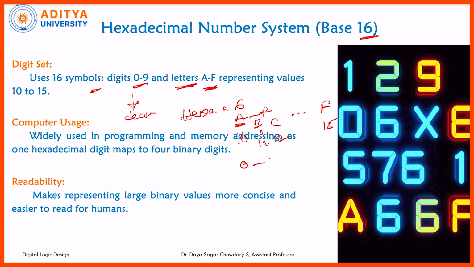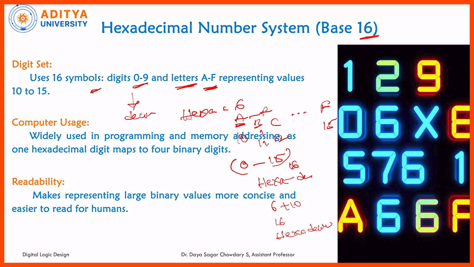So 0 to 15, totally 16 numbers. This is called hexa plus decimal, 6 plus 10, so totally 16. That is why we call this one hexadecimal.